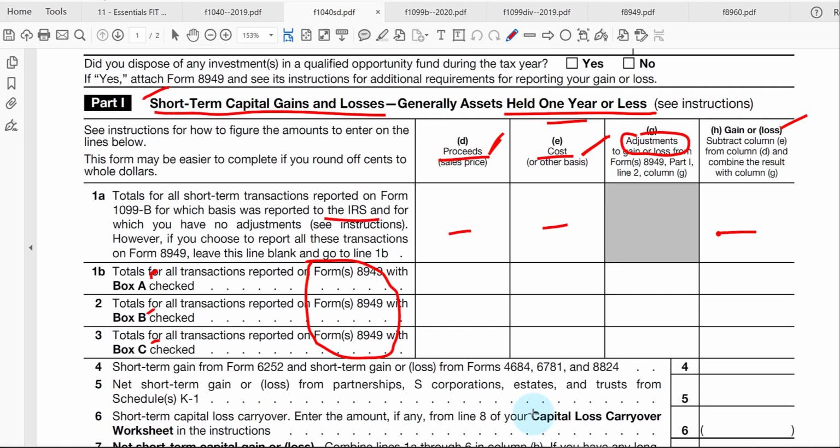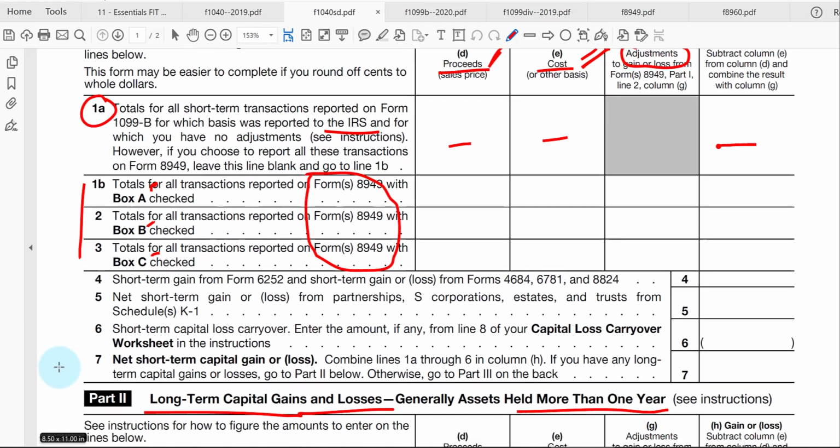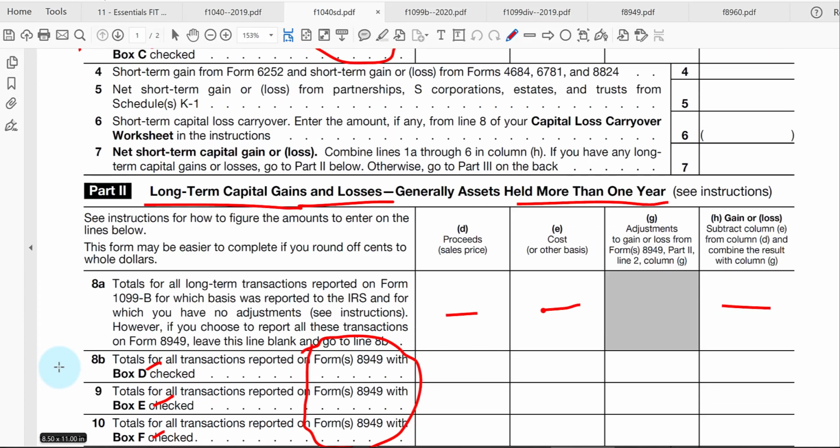But if there is no reporting of the costs, which could be common for older held investments, and if there were adjustments made to the cost basis or to the gain or loss, then you cannot use this line 1A. You've got to use these other lines over here, and you cannot use this line 8A, which is just a simple reporting.